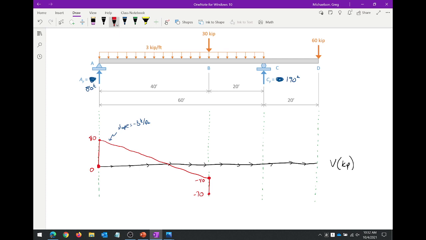Now, let's talk about this region right here. What shape should the shear diagram take between here and here? Linear. Positive or negative slope? Negative, because it's going down like that. So if I'm at 70, how much am I going to drop down in this region? 60, right? So if I'm at 70 and I go down 60, that puts me at what? -130.